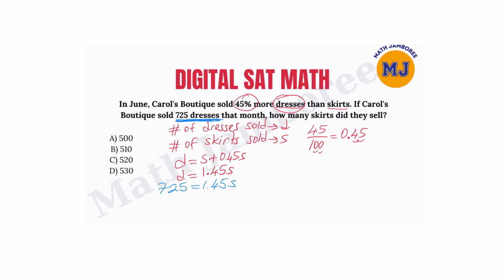To find the value of S, now we will divide both sides by 1.45. The 1.45 and the 145 cancel each other out.